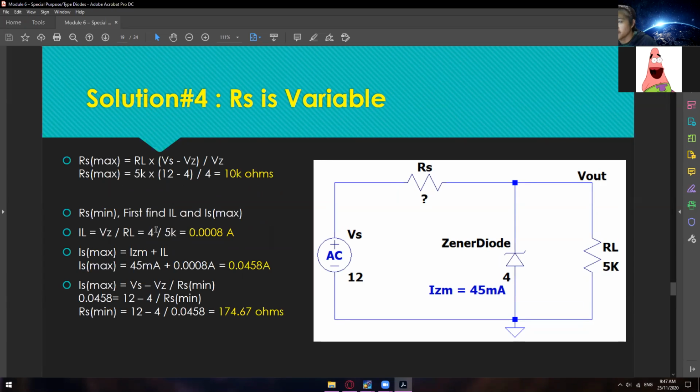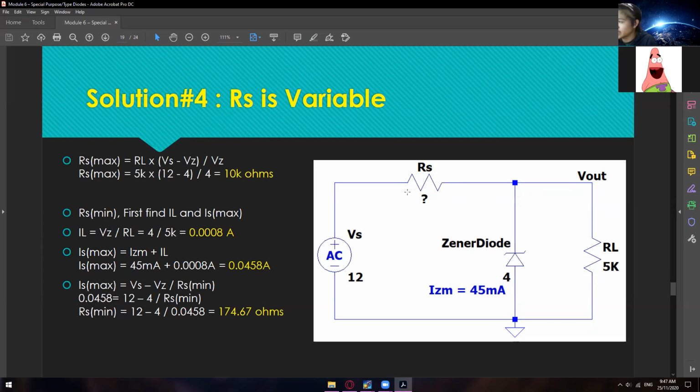In this scenario, as I have mentioned a while ago, we always solve for RS minimum, or the minimum requirements. But in here, we have to solve for the RS max first, the maximum value that is missing in terms of RS. Because once you find the maximum, it's easier to find the minimum requirements, since all you need to do is get Vs minus Vz divided by Vz.